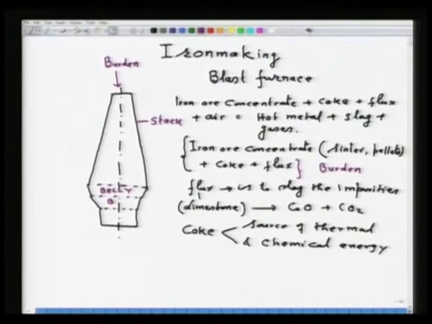This portion is the bosh, and this portion is the hearth. The hearth has a tap hole for discharge of hot metal, which is heavier, and on the top you have the slag. It has tap holes for slag and hot metal.